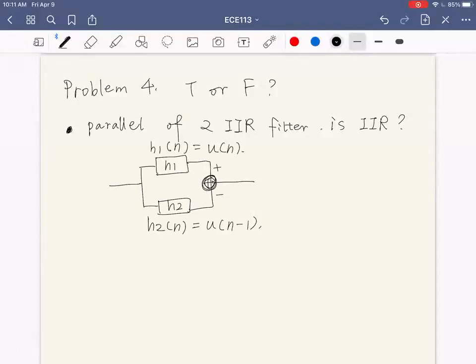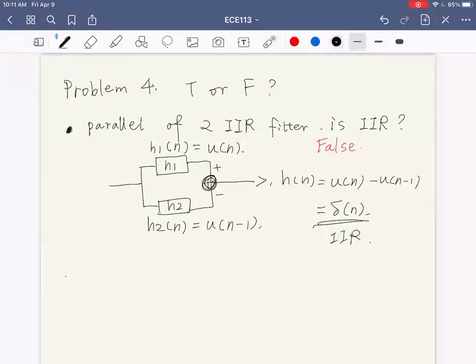They're still in parallel. But in this case, what we get out of the parallel system is equal to u of n minus u of n minus 1, which is basically an impulse, right? And an impulse is absolutely not IIR. So the answer to this statement is false.